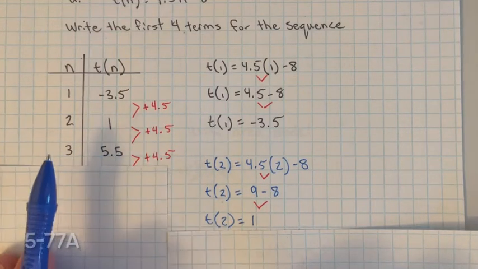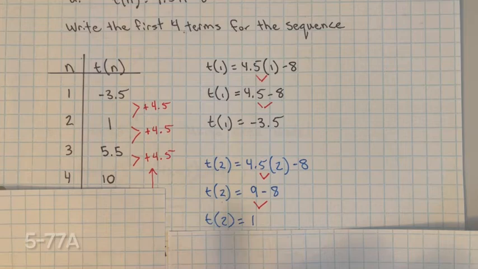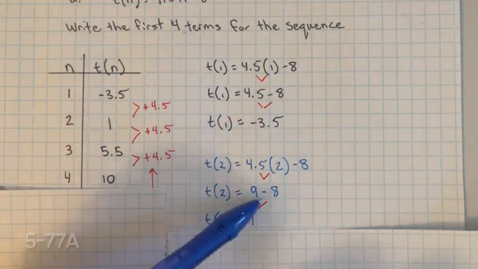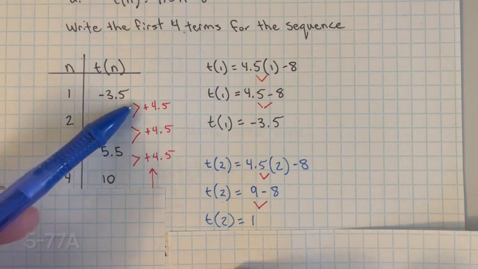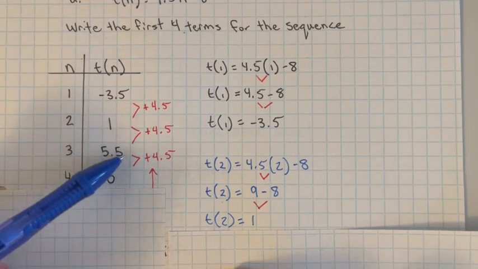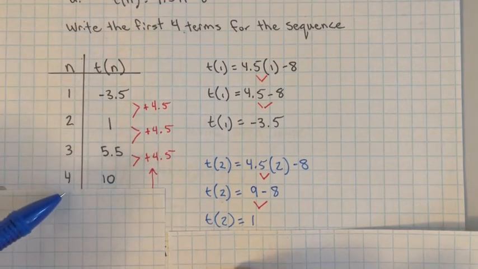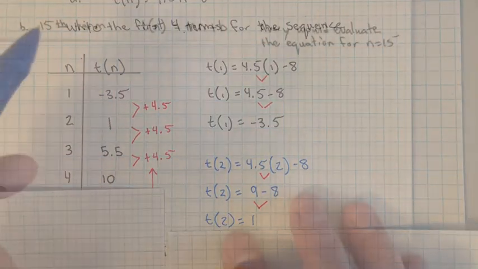Add 4.5 to that, and you get 10. So you could either continue to plug it into the equation, or once you find the common difference, you can keep adding that common difference for the next terms.